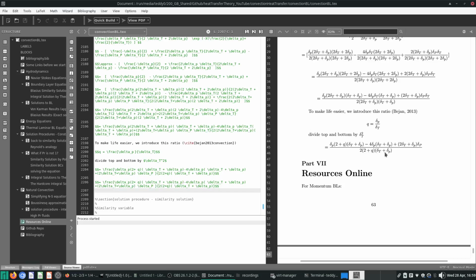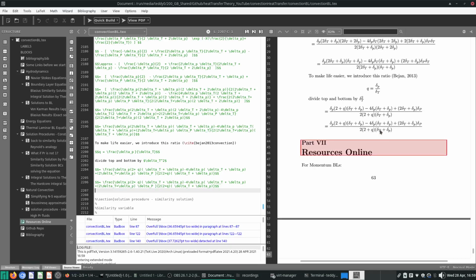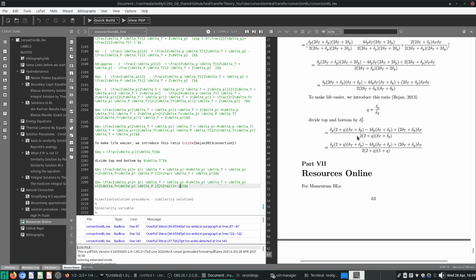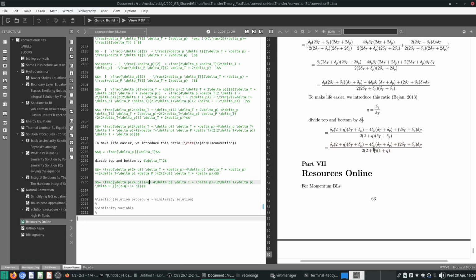This time we'll mess around with this term here. Delta t divided by delta t becomes 1. The delta p divided by delta t becomes q. Now it looks a lot less alien.